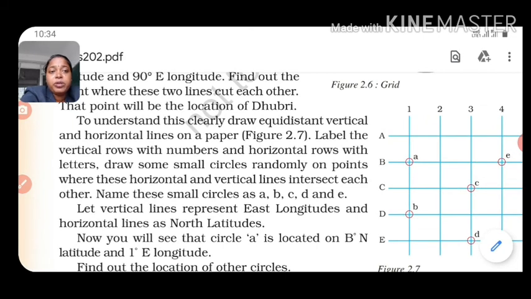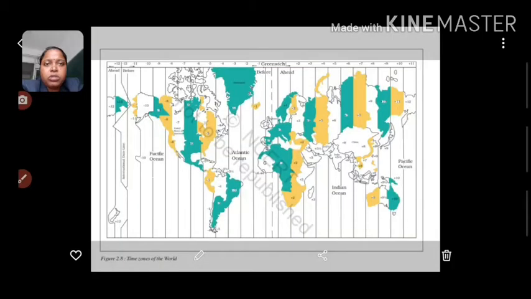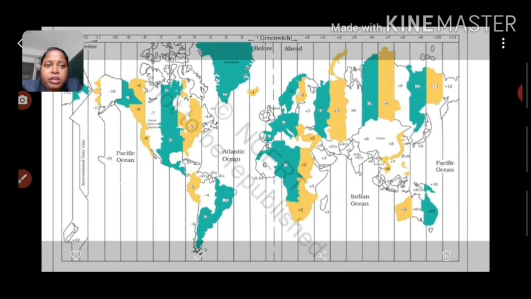Okay. So before knowing the main location point of that particular area, we need to know the what? Latitude and longitude. Here we will see how we calculate the Greenwich time zone and the different time zones of the world also. Okay. See this picture. It is figure number 2.8 in your book.